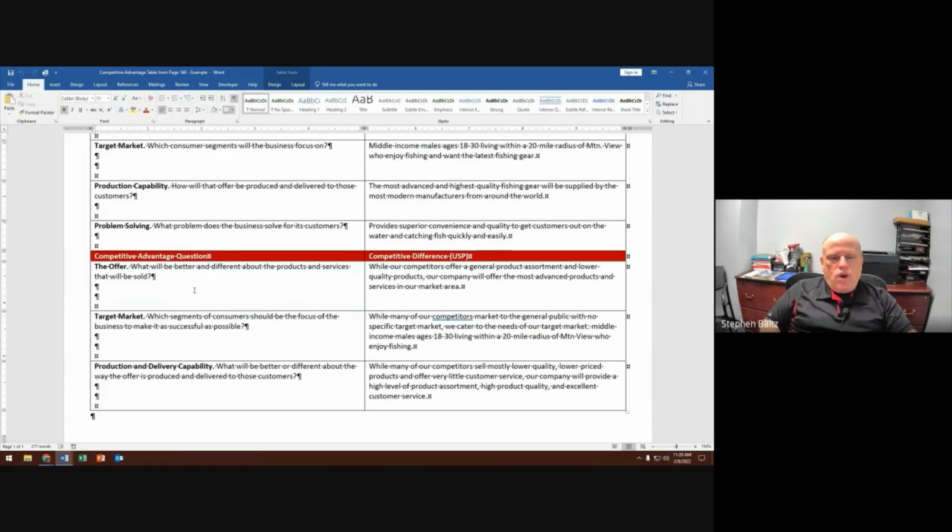So it's easy to see from this table that I filled out that the business I've looked at as my example here is going to compete mostly based on quality and customer service, not price.